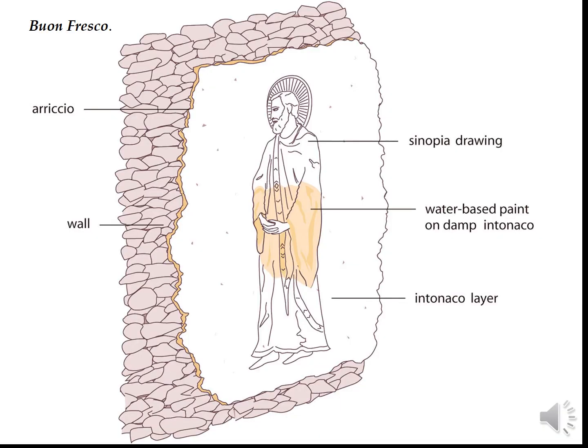The paintings themselves are buon fresco, as we discussed, or true fresco, that being they're painted with wet lime plaster on the wall, where you add a sinopia drawing and then your final giornata in an intonaco layer, the water-based paint on the damp fresco, which absorbs into the wall as it dries, thus making it incredibly durable and long-lasting because it is part of the wall.